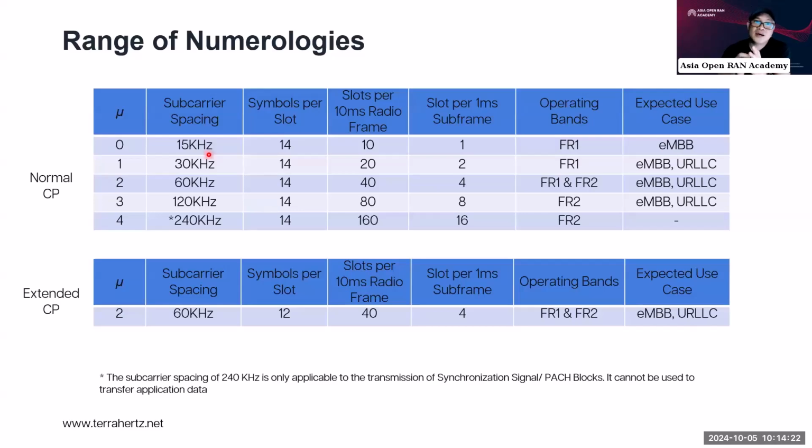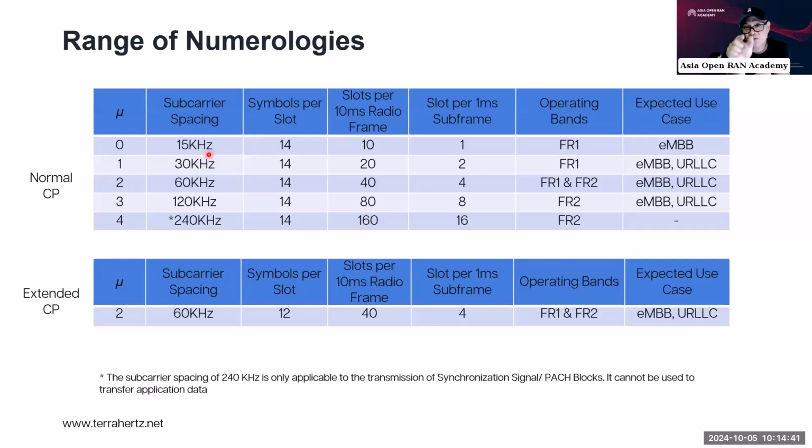Now, itong LTE na ito, yung 1.4, 3, 5, 10, meron siyang maliliit na subcarrier sa loob, which is 15 kilohertz ang bawat isa. Now, nung dumating si 5G, they also wanted this subcarrier to be more flexible than LTE.